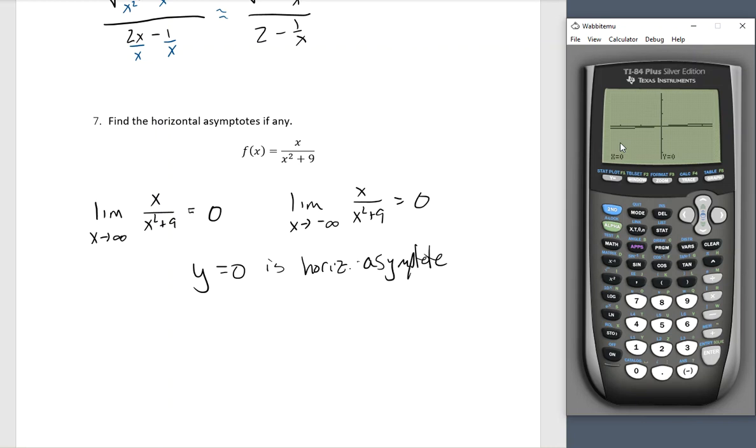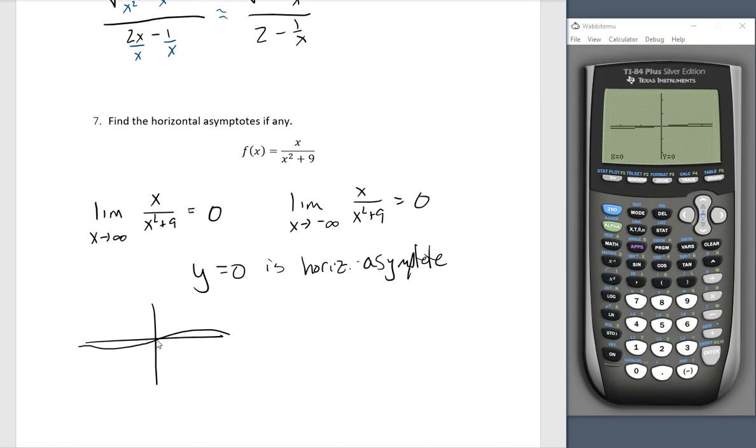So this graph, if we were to blow it up a bit, looks like this. It's coming back down to 0 out here. It's coming back to 0 out here.